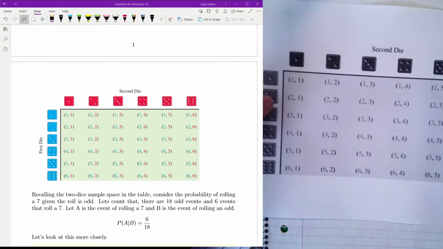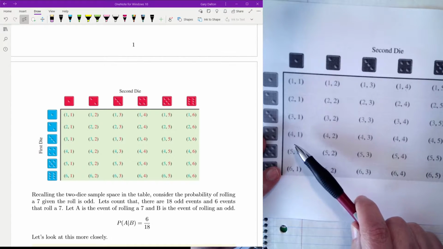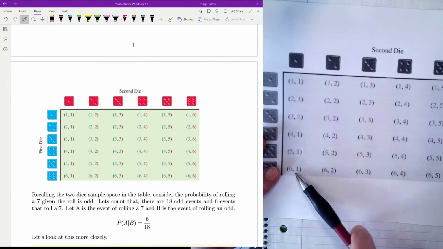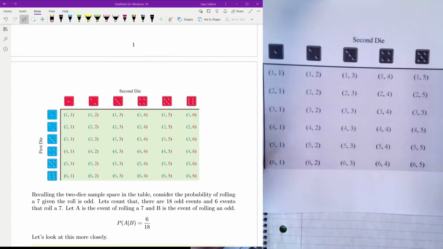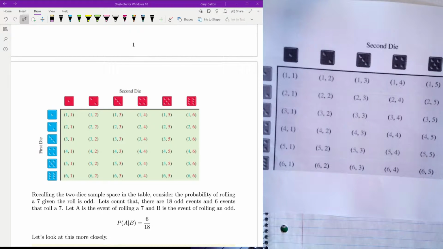Let's count them: 1, 2, 3, 4, 5, 6, 7, 8, 9, 10, 11, 12, 13, 14, 15, 16, 17, 18. So there's 18 possibilities that are odd, and 6 of those are 7s. So the probability that we roll a 7, given that it's odd, is 6 over 18. And this is a much higher probability than rolling a 7, which is 6 over 36. So it's twice the probability.